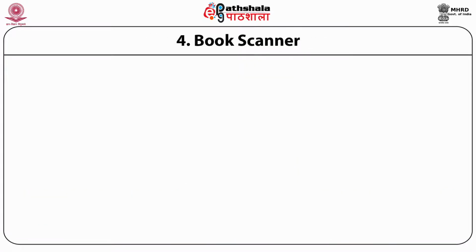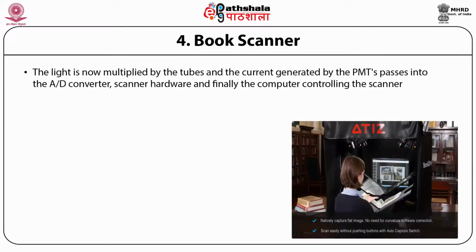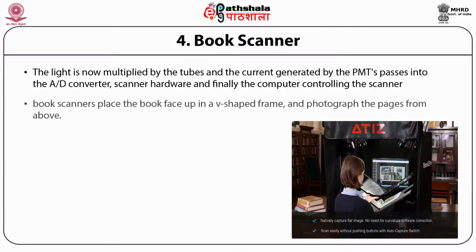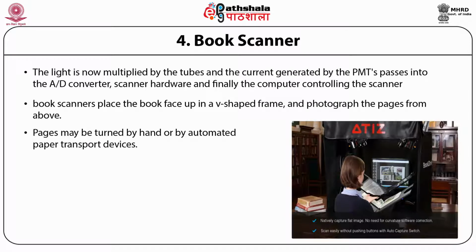The fourth one is the book scanner. Book scanning or magazine scanning is the process of converting physical books and magazines into digital media. Book scanners place the books face up in a V-shaped frame and photograph the pages from above. Pages may be turned by hand or by automated paper transport devices.